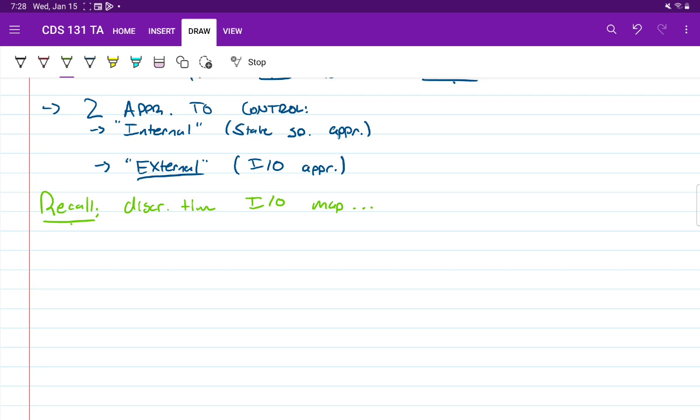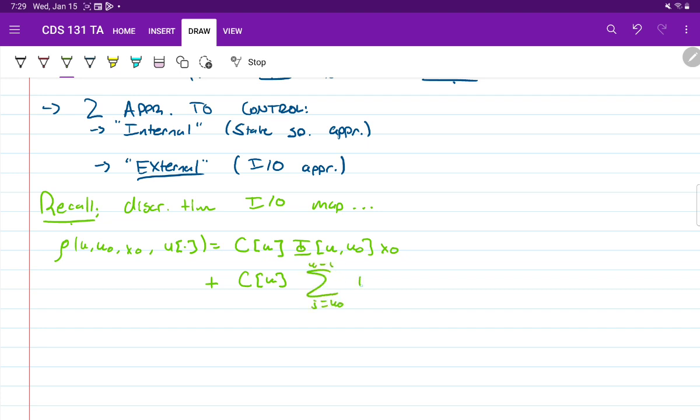And what you can show is that this IO map is computed as rho of k, k naught, x naught, input signal u, equals C at k, phi at k, k naught, x naught, plus C at k times the sum from j equals k naught up to k minus 1 of phi of k, j plus 1, B of j, u of j, plus D at k, u at k.